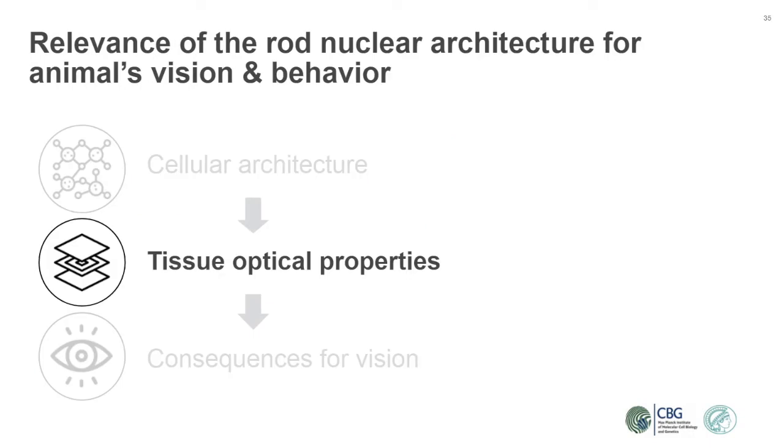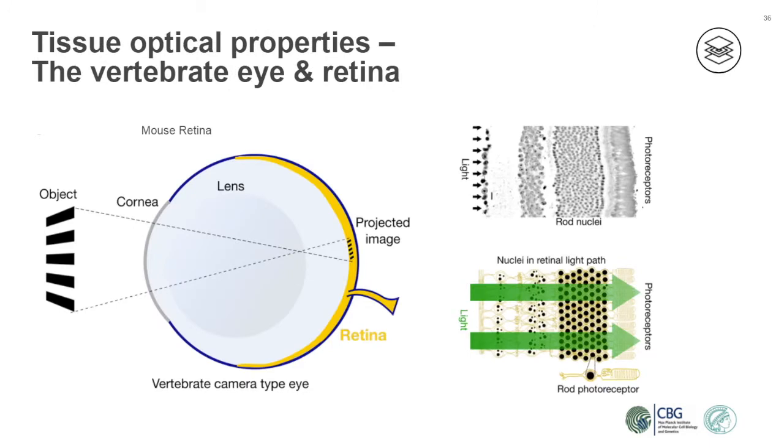So how do the different nuclear architectures influence the optical properties of the retina? To answer this question, we first need to look at why at all we need to study the optics of the retina.